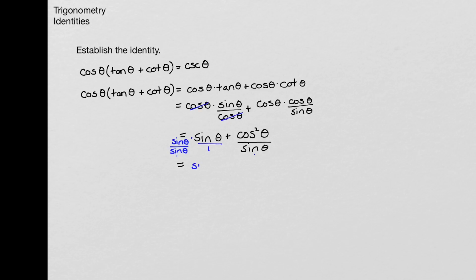So that means I have sine squared theta over sine theta plus cosine squared theta over sine of theta. So again, you need to make sure that you're showing all of the steps. And now I've got sine squared theta plus cosine squared theta all over sine of theta.